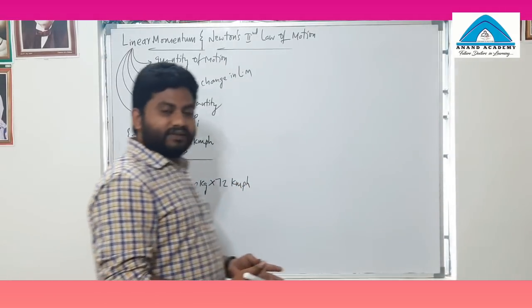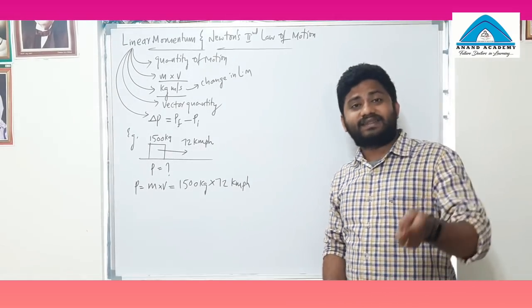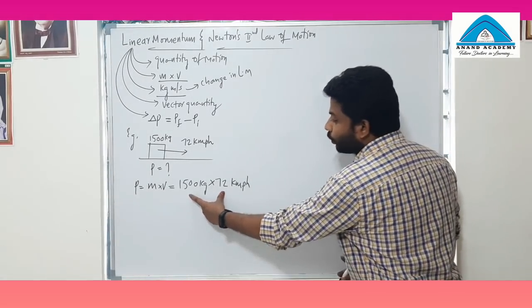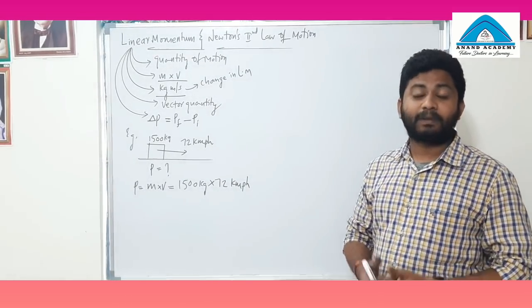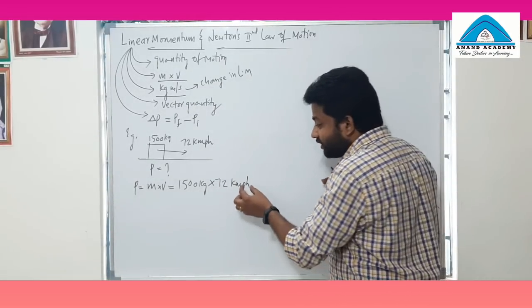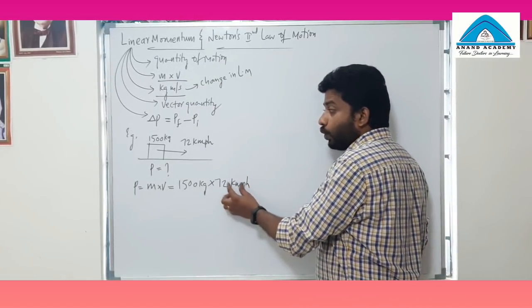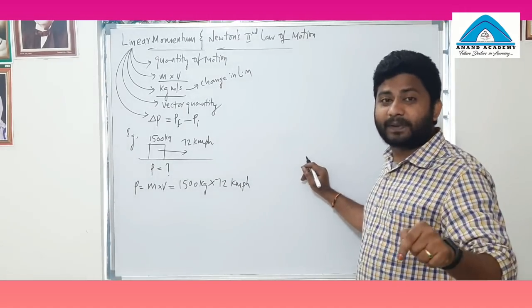Most students of 10th and 9th standard directly multiply these two quantities and get the answer. That's 100% a wrong answer, because kilogram is the SI unit, but kilometer per hour is the unit of speed which is not the SI unit. Speed SI units are meter per second.